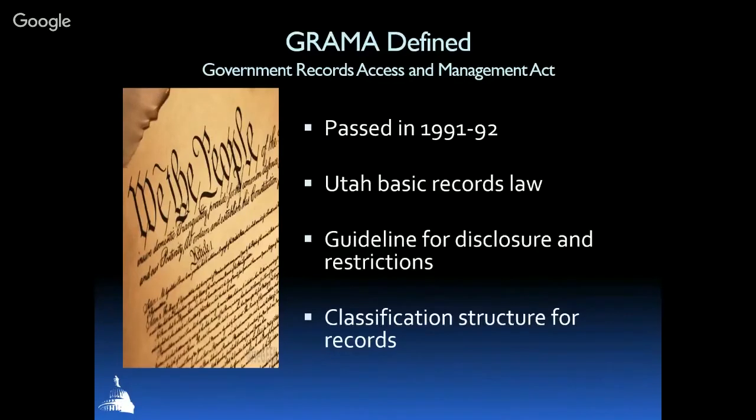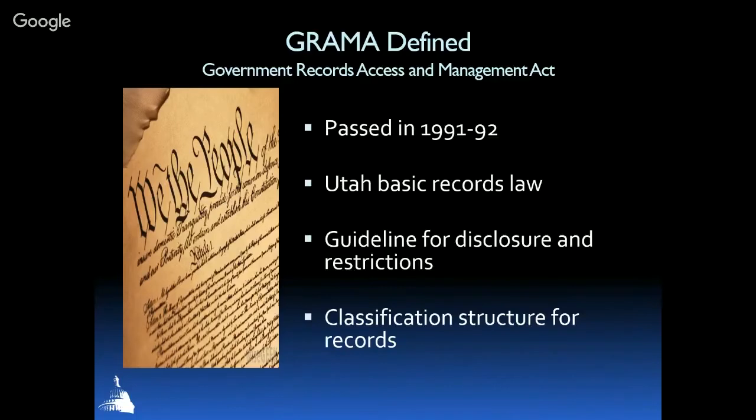Before we officially begin reviewing the certification material, let's take a moment and define GRAMA. GRAMA is the Government Records Access and Management Act. It was passed in 1992. It's a very comprehensive law for government records in Utah. It is Utah's basic records law, and it applies to the records of both state and local governments in the same way that the Freedom of Information Act, FOIA, as it's commonly known, applies to the records of the federal government.